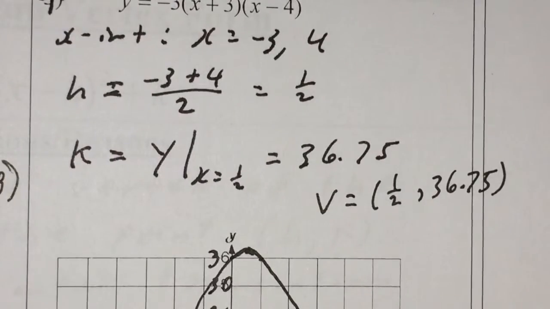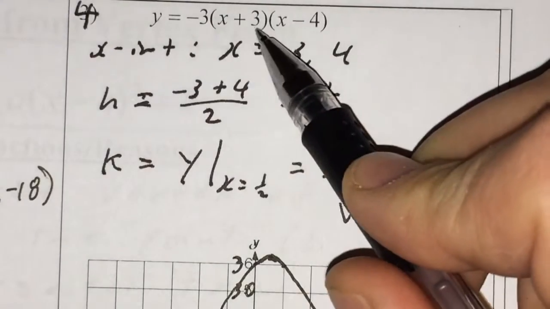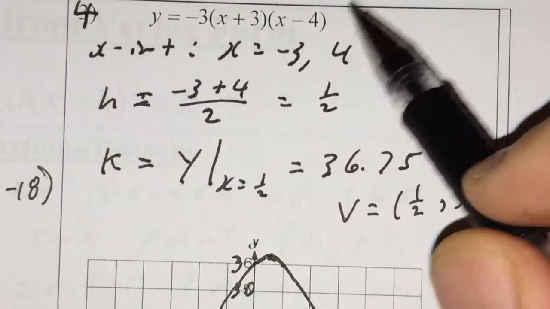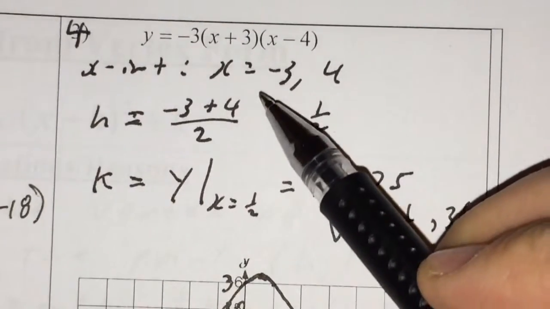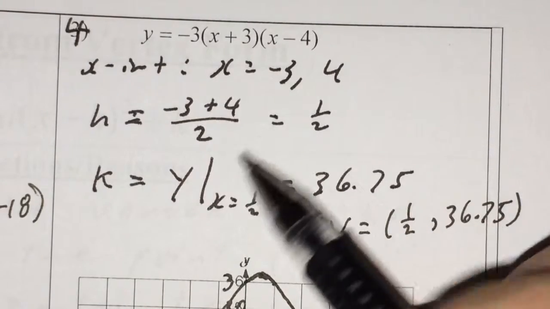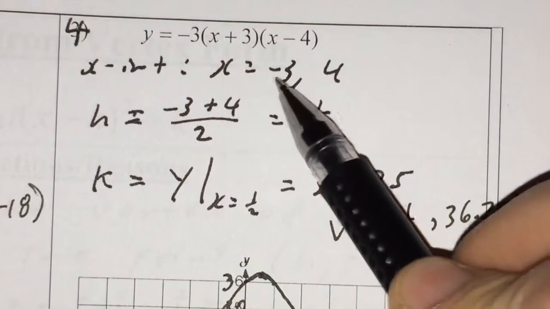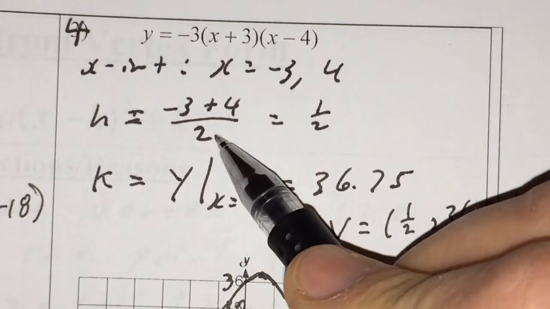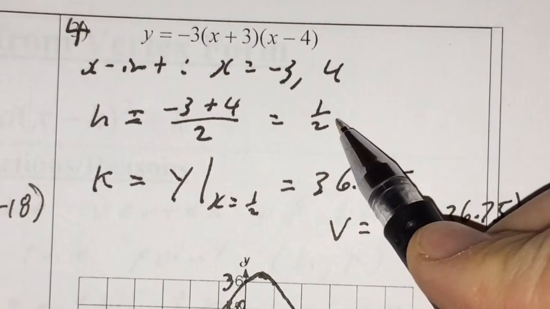Another example right here: y equals negative 3 times (x plus 3) times (x minus 4). The x-intercepts come out of there very easily: negative 3 and positive 4. The vertex is in the middle of those two, so negative 3 plus 4, over 2, is 1/2.